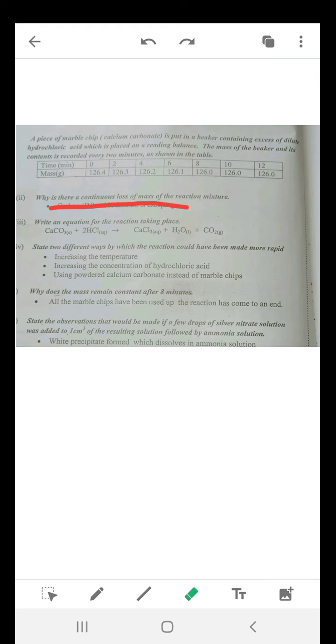We can use powdered calcium carbonate instead of marble chips. You crush these marble chips into powder. So crushing will increase the rate of reaction. Any other way?